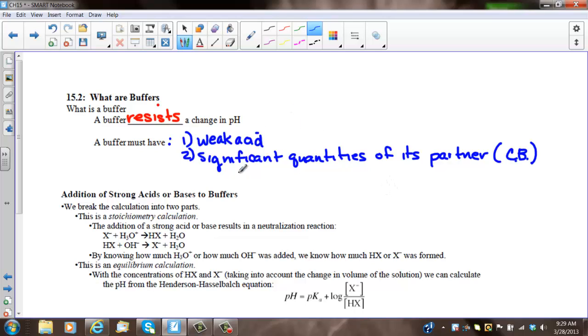Now, it could also be a weak base and significant quantities of its partner.